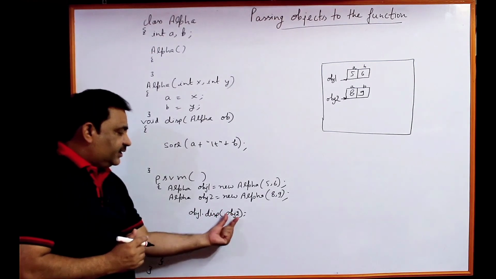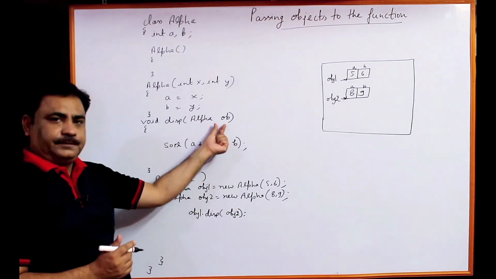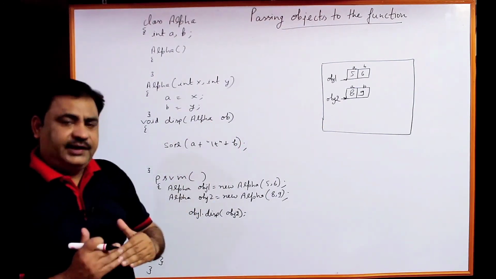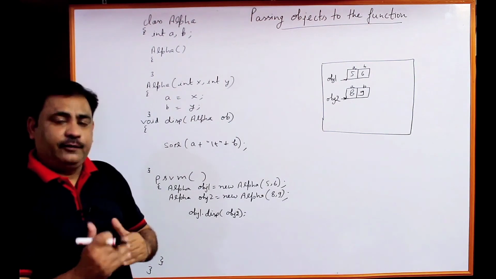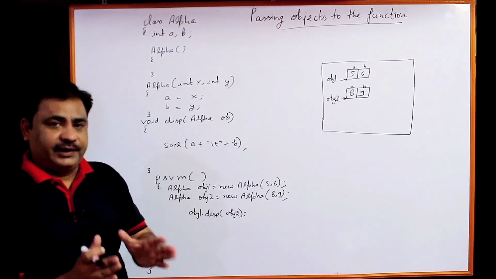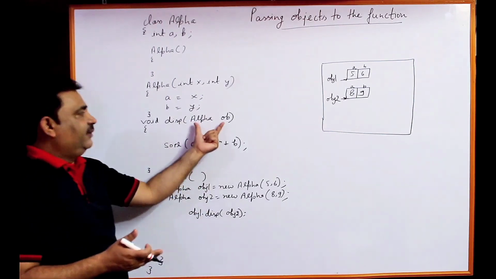So the reference of obj2 will be transferred to OB. As you know, when we pass any value to the function, we should know the data type, what type of value we have to pass. So the same data type variable we have to create here.